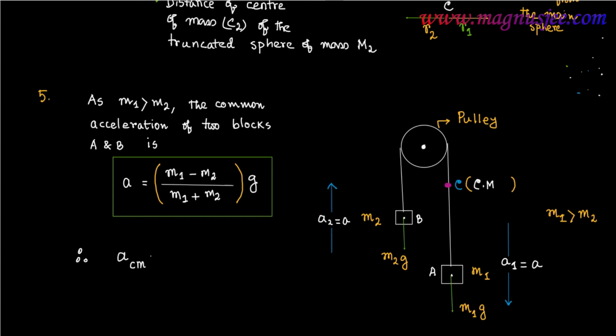Therefore, the acceleration of the center of mass, that is the acceleration of the point C, is ACM, and let the point C be moving with an acceleration ACM downwards. So vector ACM equals M1 vector A1 plus M2 vector A2, divided by M1 plus M2.